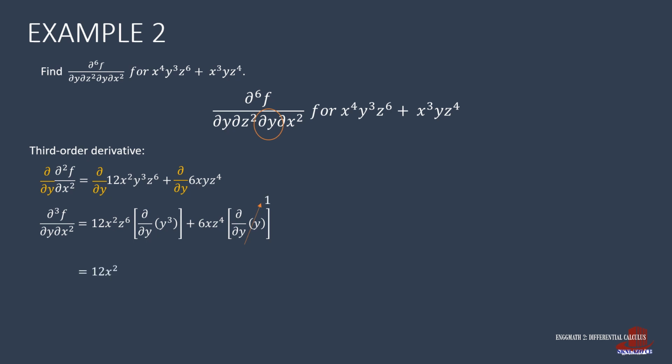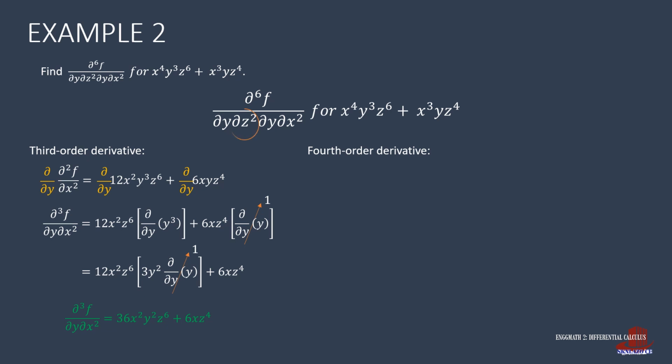So the simplified solution becomes 12x squared z raised to 6 times 3y raised to 2 with the derivative of y plus 6xz raised to 4, where again dy over dy is 1. So the third partial derivative of f with respect to y and x is 36x squared y squared z raised to 6 plus 6x times z raised to 4.